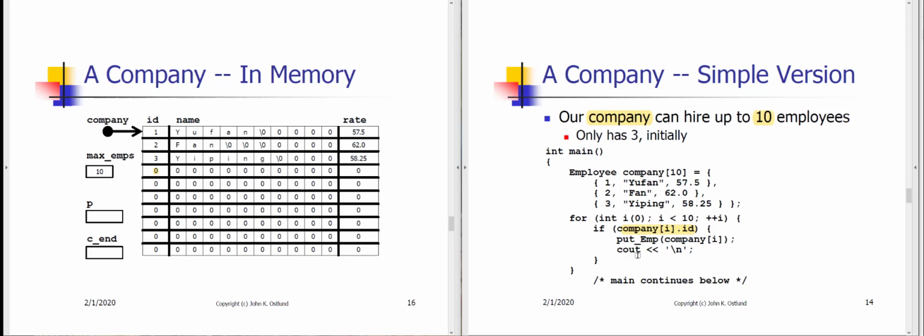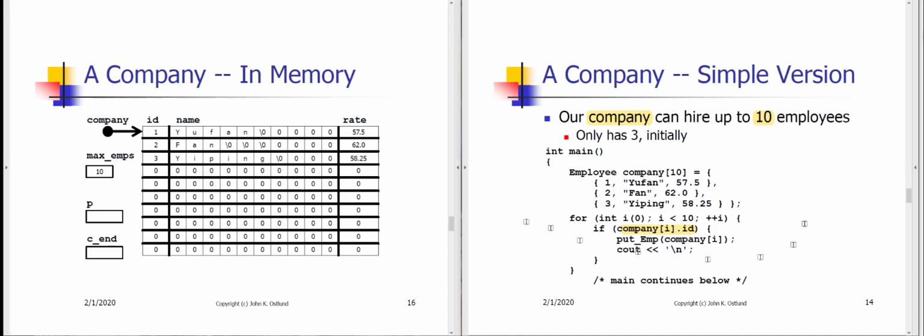We will not display information about any more employees because as we go through the trailing 7, we'll discover for each one that the employee ID number is 0. And so the if condition fails and we don't print out those employees who have 0 ID, no name, 0 rate.